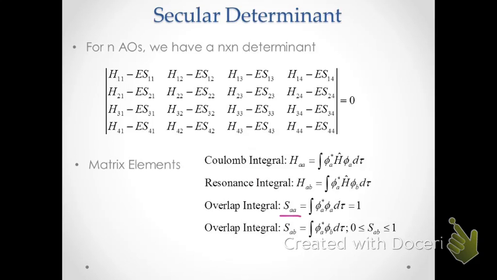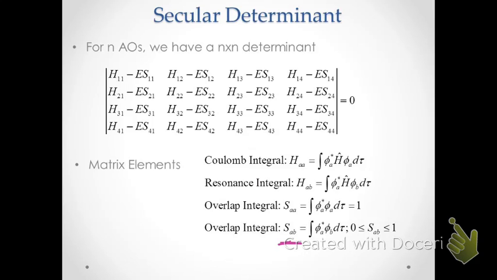The S symbols refer to something called the overlap integral, and they simply are integrals involving the product of 2 atomic orbitals. SAA means the atomic orbitals are the same, and of course we'll recognize this situation if we have the product of 2 atomic orbitals integrating over all space. If those orbitals are normalized, then that's going to be equal to 1. And these, of course, are going to fall on the diagonal of our determinant.